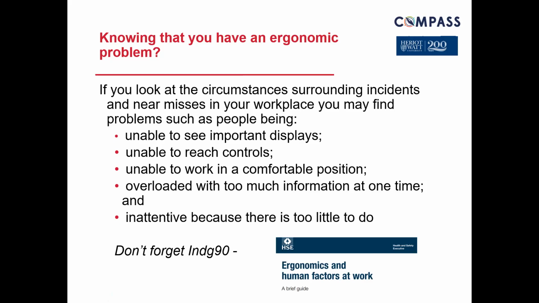In Industrial Guidance 90, look at those workplace issues where you may find problems, such as people being unable to see important displays. And that for me is about stimuli and alarms or visuals or something that says it's not quite what it should be, take action. The fact that we might be unable to reach the controls because of ergonomic positioning, or it isn't put in the right place.